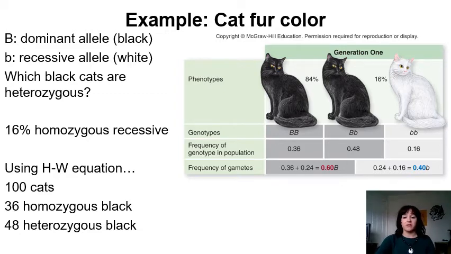Again, using the Hardy-Weinberg equilibrium, when we've got a population of white and black cats, we know that 16% of them are white and the remaining are black, but we don't know which of these black cats are heterozygous or homozygous. So using this equation, you can determine that, say, out of 100 cats, 36 of them are homozygous dominant for the black color, and 48 of them are heterozygous and have the black color.